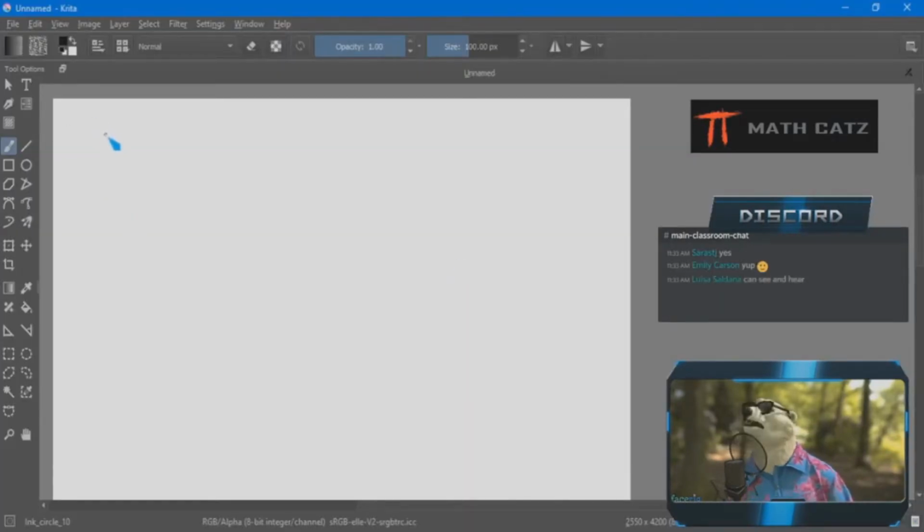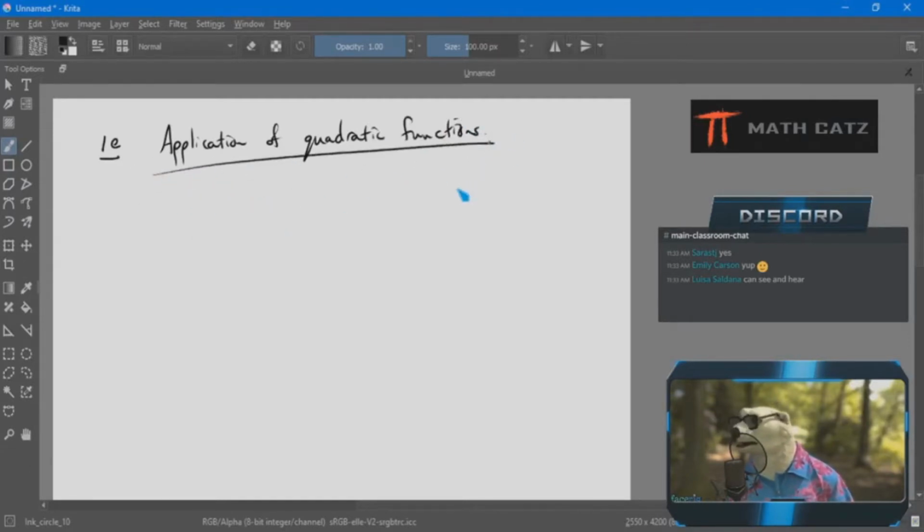Today we are doing my numbering topic 1E, which is application of quadratic functions. We've seen everything we are really interested in seeing to a large degree when it comes to quadratic functions.